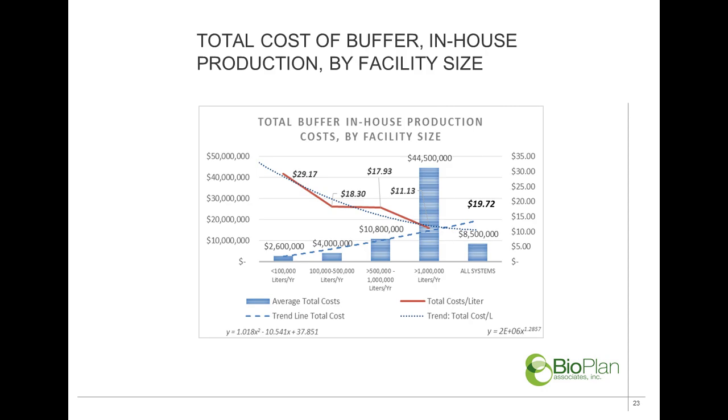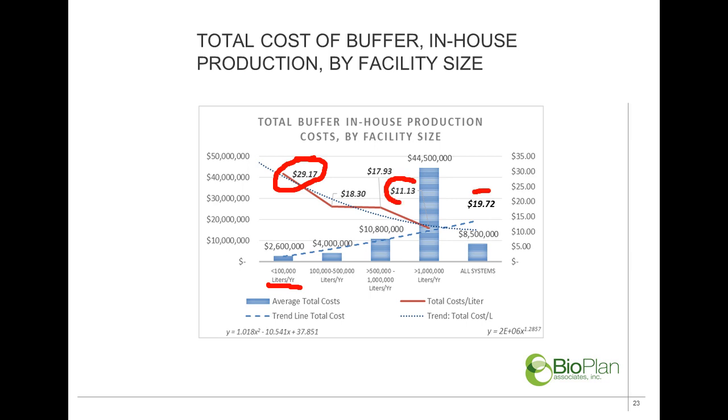And what we saw was that, just as an example, if you're looking at the total cost of buffer by facility size, this is all in cost. As we mentioned, it is approximately $29 per liter, and $2.6 million at this smaller range, under 100,000 liters per year. These are the sort of costs you get. When you increase the scale for each of the data points that we collected, you find that, of course, cost per liter decreases.